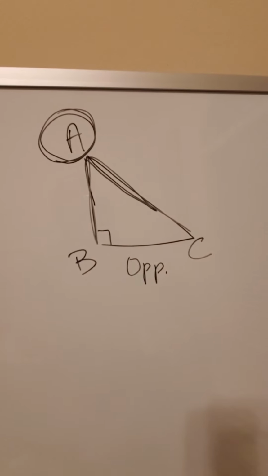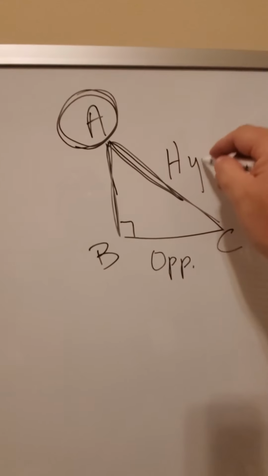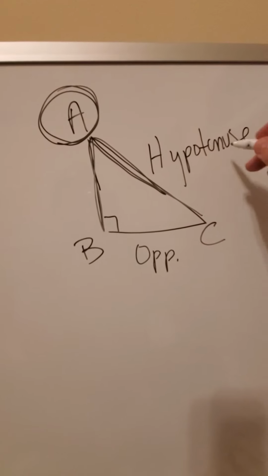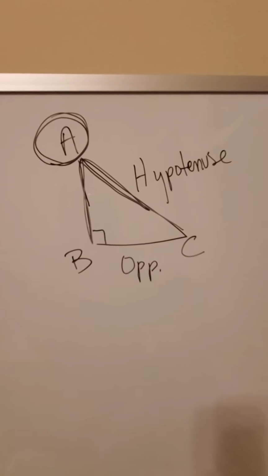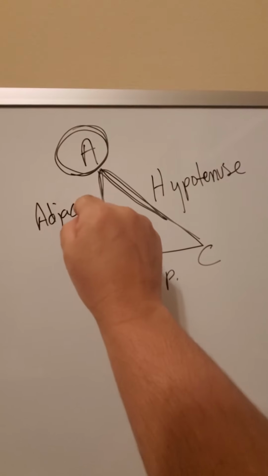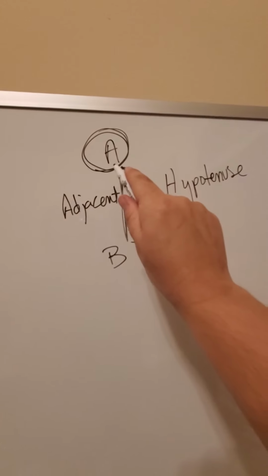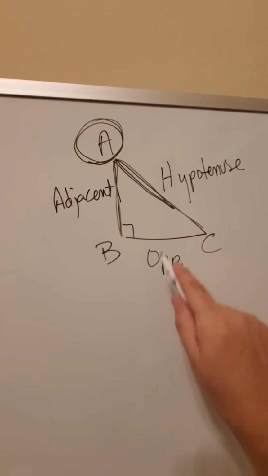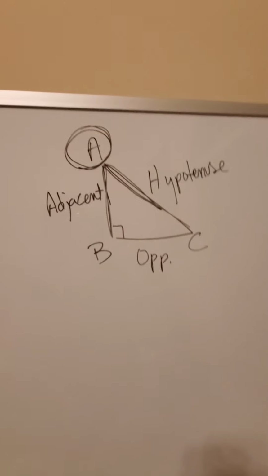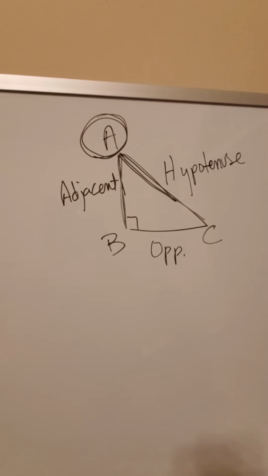And this is always going to be my hypotenuse. That never changes. And then this would make this my adjacent side. If I'm talking from angle A, that's opposite, hypotenuse, and adjacent. Everybody good with that? Now let's talk about sine, cosine, and tangent as it relates to angle A.